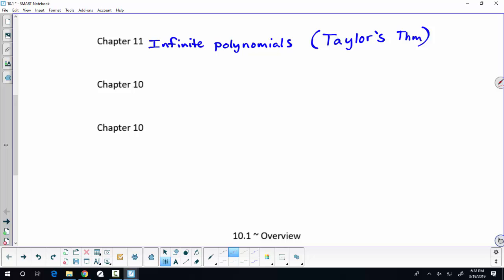Think of these things as like the linear approximation, only better. Before we look at those, we look at series. Before we look at series, we look at sequences.